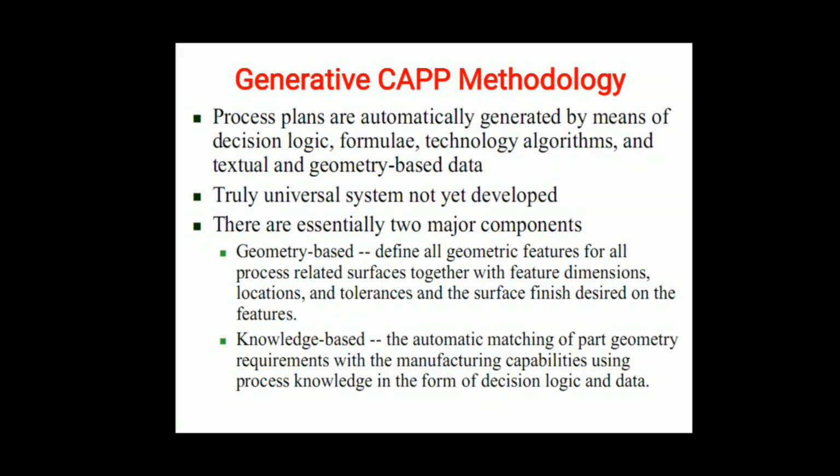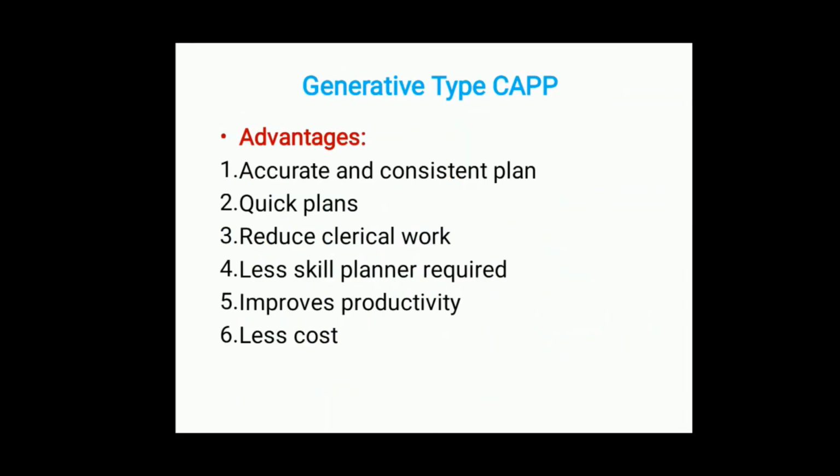It includes selection of the process, manufacturing equipment, work holding devices, jigs and fixtures, and inspection instruments. So in this knowledge base, this type of data is required. This is the methodology of the generative type approach.